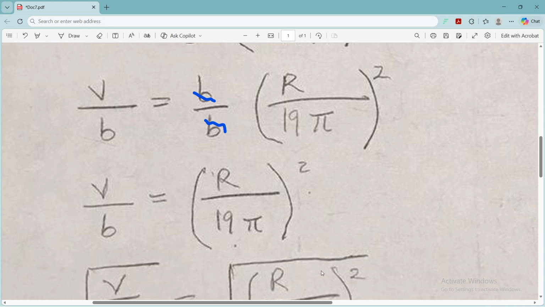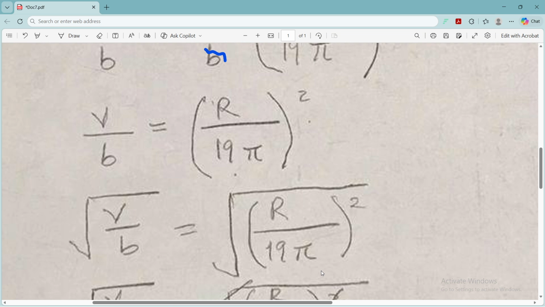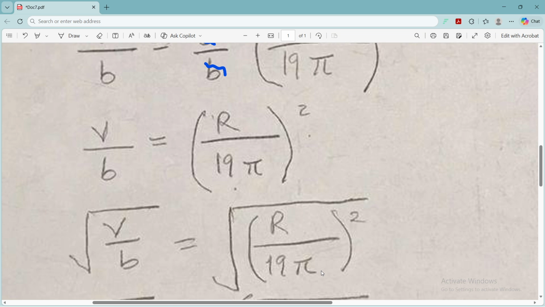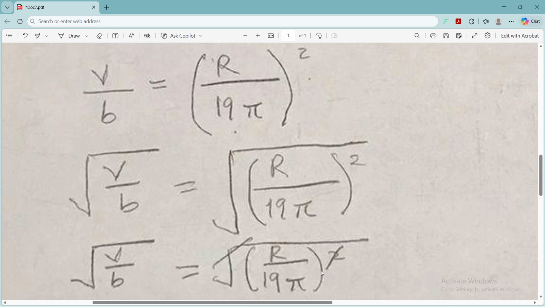So we are going to have our equation simplified to the square root of the fraction V divided by B equals the square root of the fraction, in bracket, R divided by 19 pi, bracket close square, right? So in eliminating the square, the square root will cancel it.